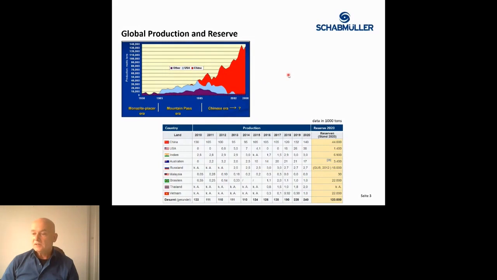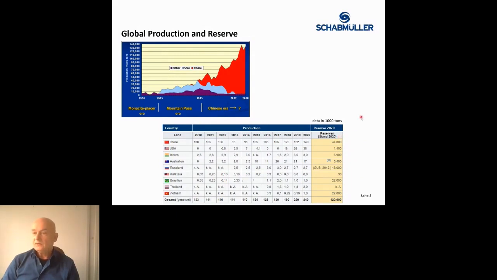One can find that situation also in the table below, showing the years 2010 to 2020, with the production in China and the other countries, and the reserve of the rare earth magnet material in kilotons. Again, this is a 2020 figure, and the total production and total reserve as known in that year.